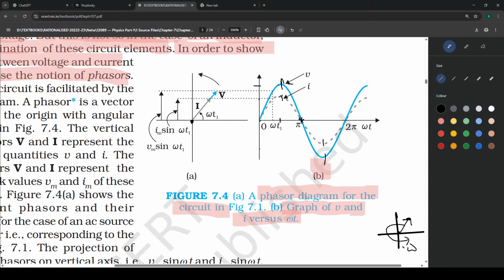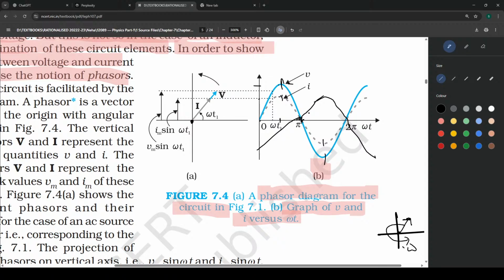Like if it was something like this, let's say I'm drawing the graph of current. Let's just say this is a graph of current, which we will see later.